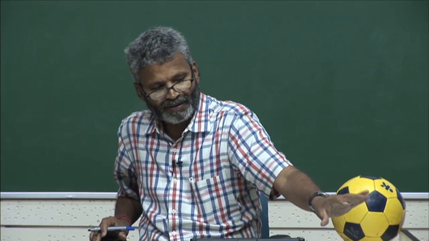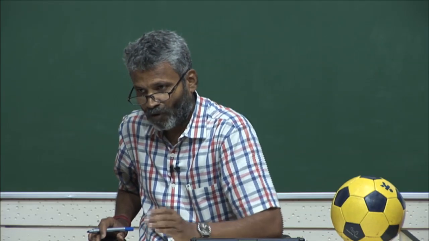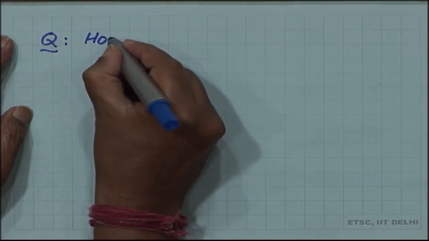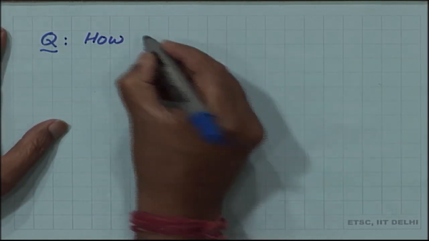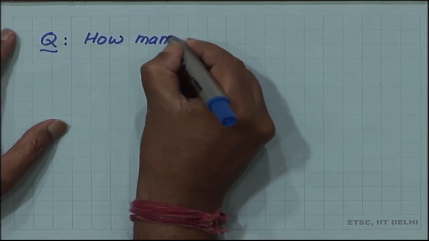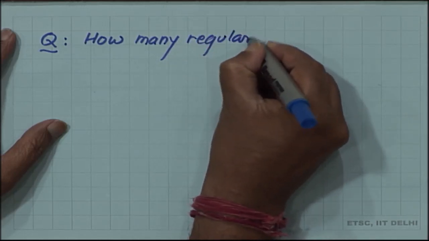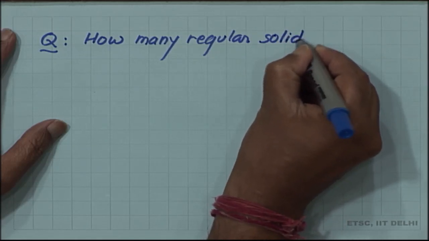We have seen examples made up of triangles and squares: the tetrahedron, octahedron and icosahedron were made of triangles, and the cube was made of squares. So, the question is how many of these are there? Ponder about that. This is a very interesting mathematical question.